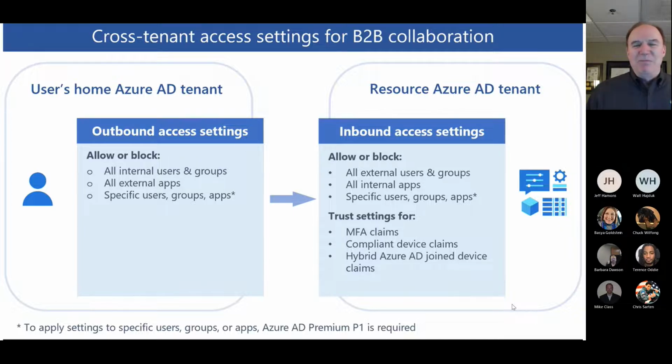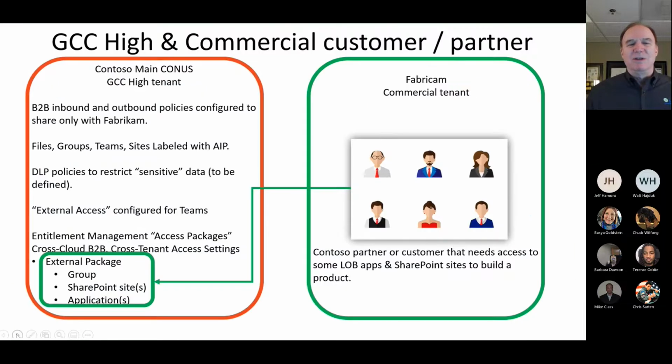Pictorially, this is what it looks like when you do a B2B collaboration, and we built the same model in our own company at KAMIND, so we still have this collaboration. When we talk about GCC High, I like this diagram probably the best.